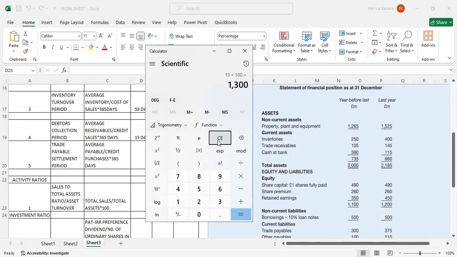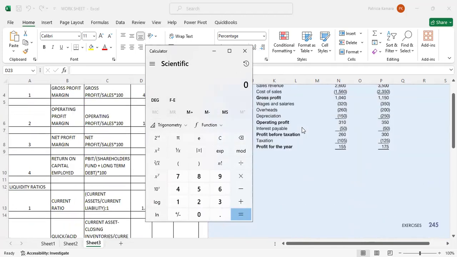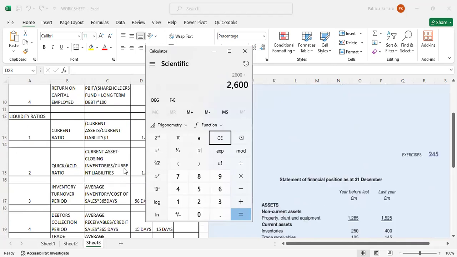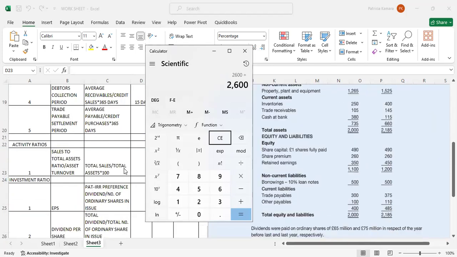Let's do that again. Our total sales figure has been given as 2,600, and our total assets figure as 2,000, which is 13 times 100, so we can say 13%.